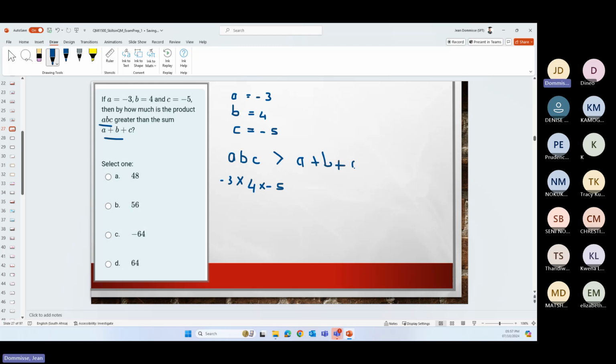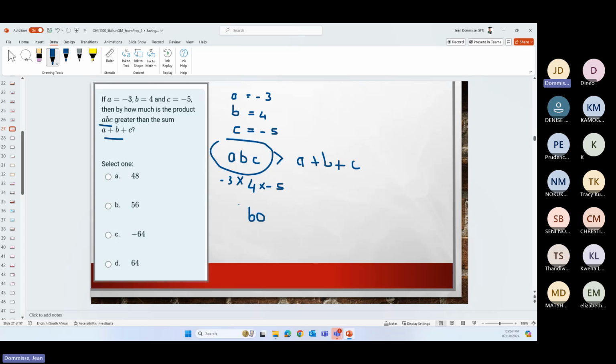And that is, where's my calculator? I'm not going to try to work this out in my head. So minus 3 times 4 is minus 12, times minus 5 gives me 60. Okay, so that's on this side.